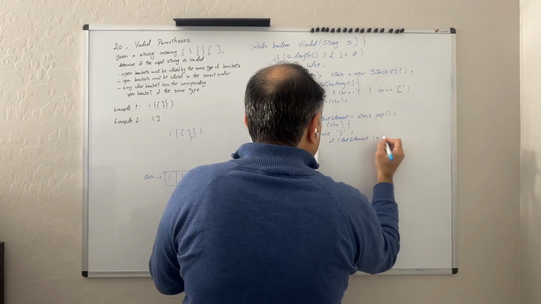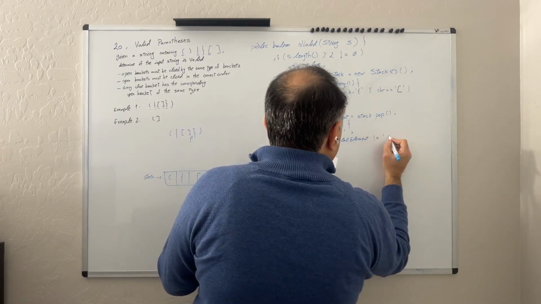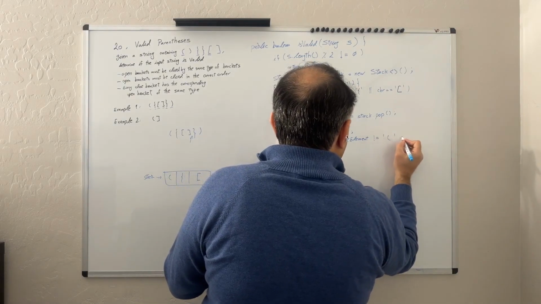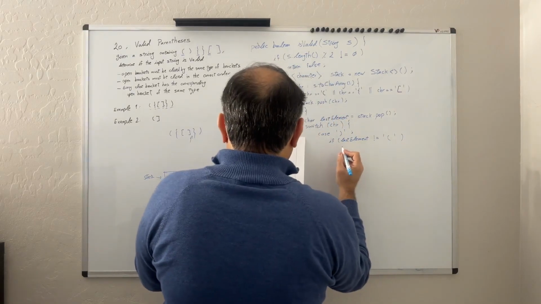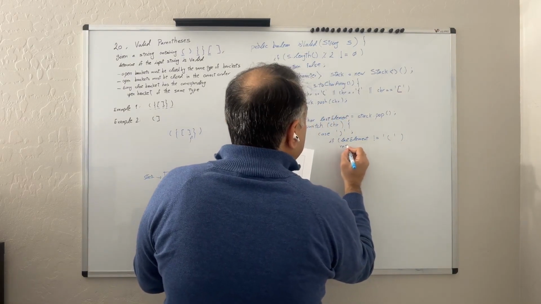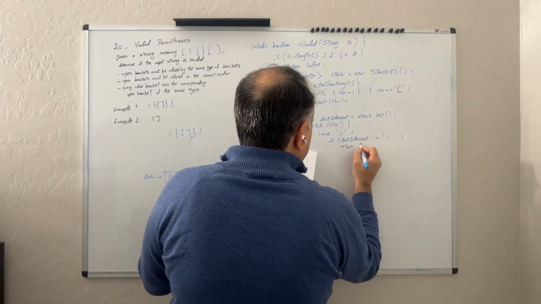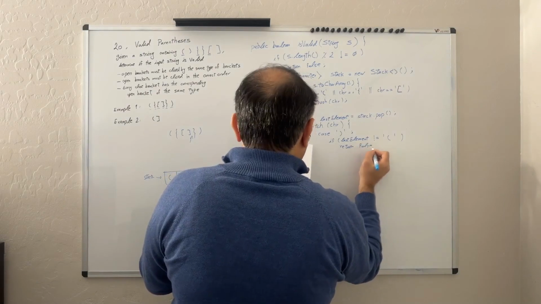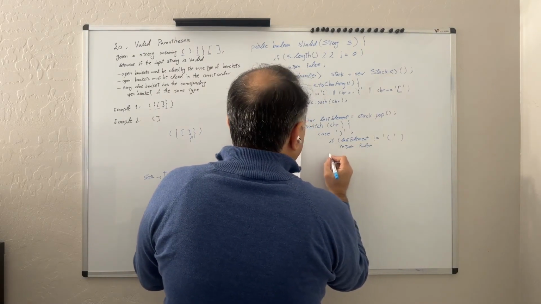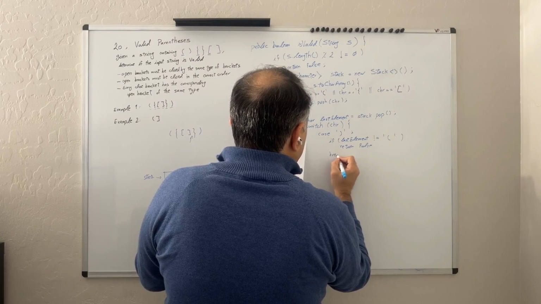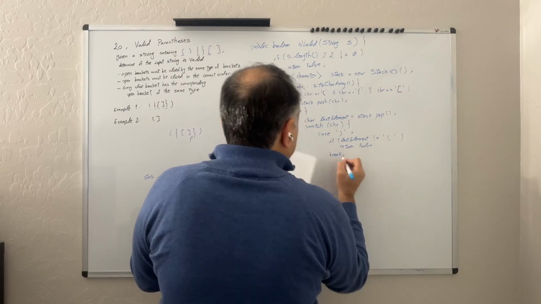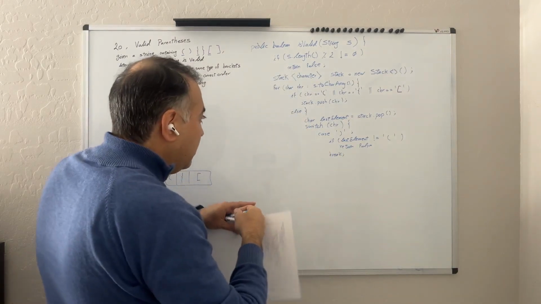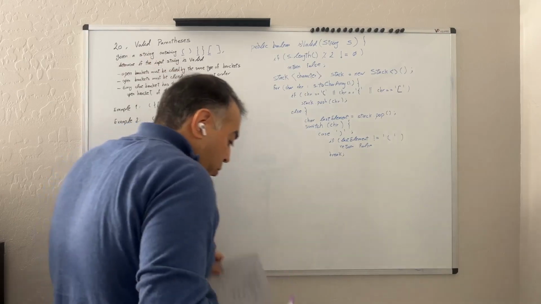If not, I can immediately return false because it's not a valid string. In the other case, I can check the other characters.